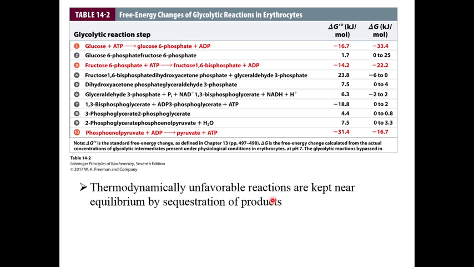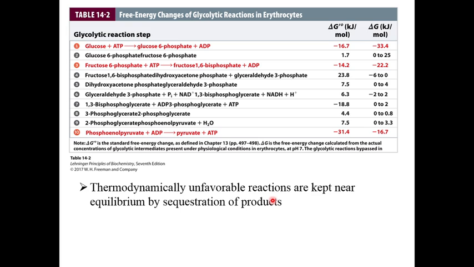As you can see, all three of these red colored reactions have a fairly high negative delta G, which is the actual free energy change. And this is how glycolysis is controlled. And it is controlled mainly by regulating the metabolic flux of these metabolites.